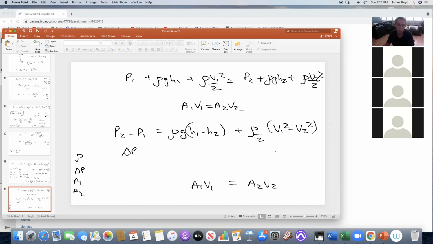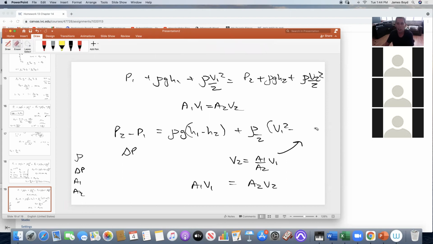Well, we can actually put this in as V1 because V2 is equal to A1 over A2 times V1. So we can substitute that in here, and what we get is rho over 2 times A1 over A2 squared times V1 squared. So you can then solve this because you were given delta P.